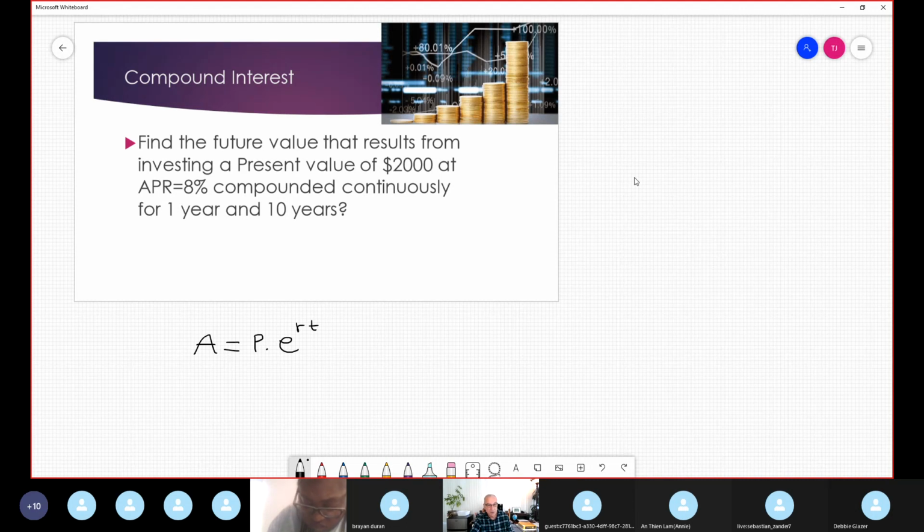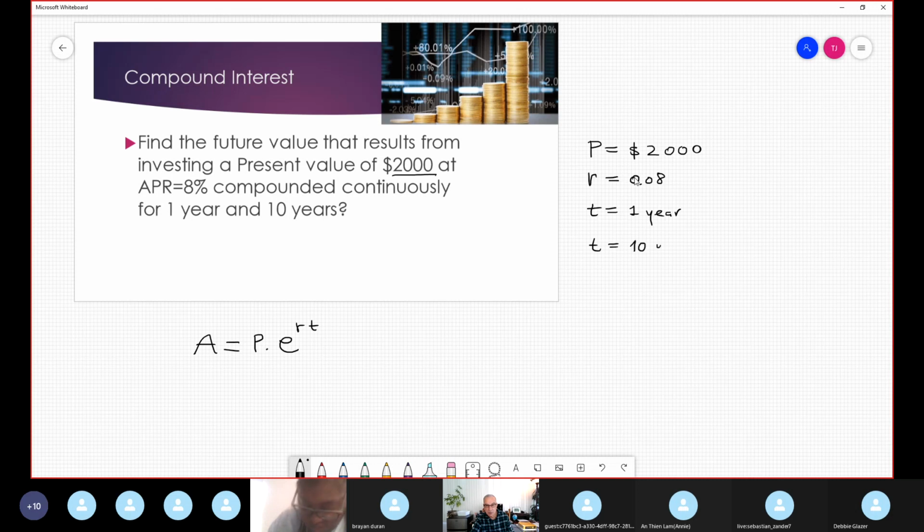Present value is given, it is 2,000. The interest rate is 0.08. And we have 2 conditions, 1 year and 10 years.